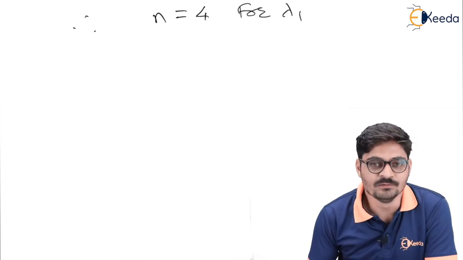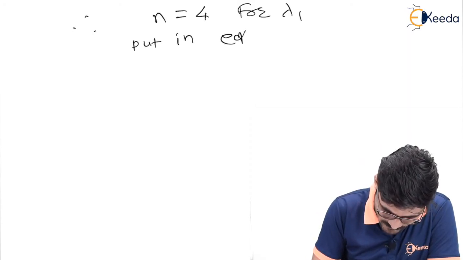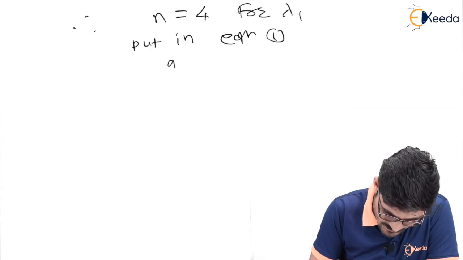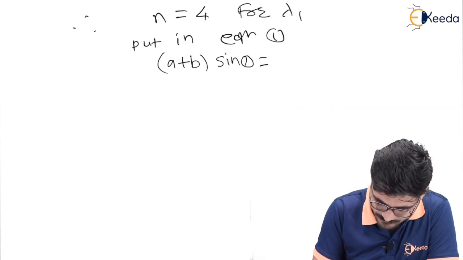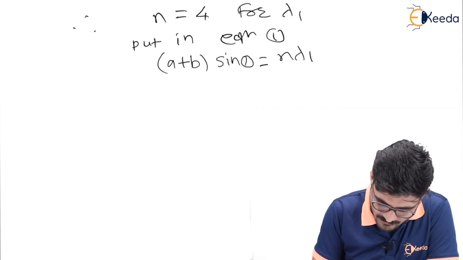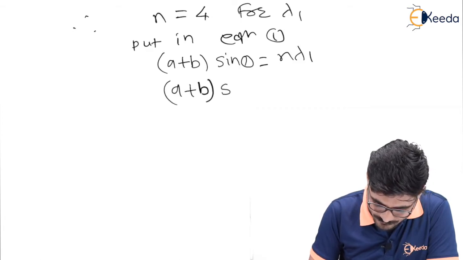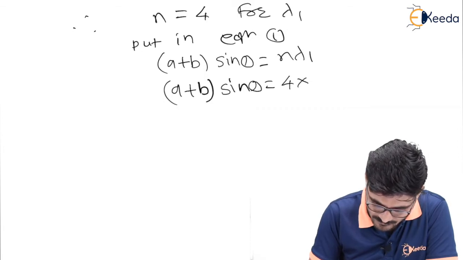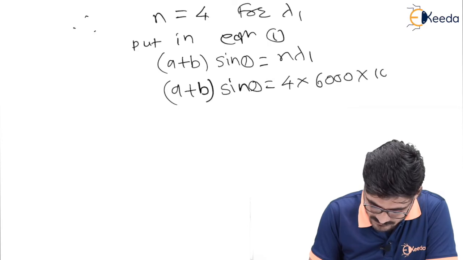Then put it in equation 1. I hope you remember equation 1: (a plus b) sin theta equals n lambda 1. Here a plus b is unknown, n is 4, and lambda 1 is 6000 angstrom, that is 10 raised to minus 8.